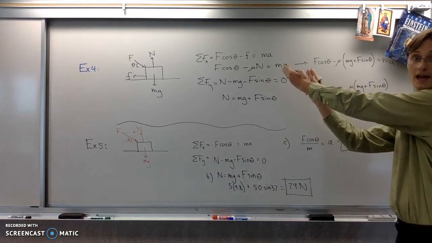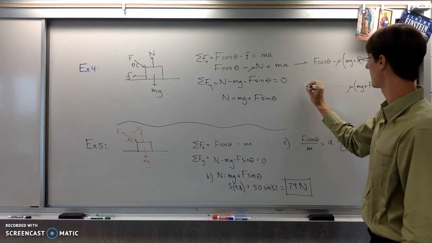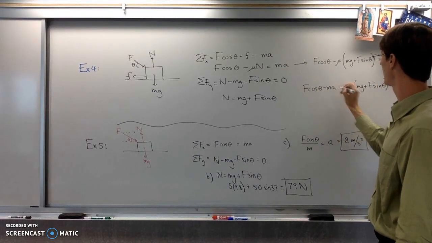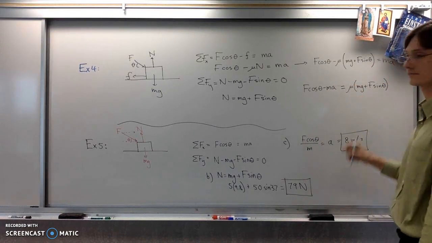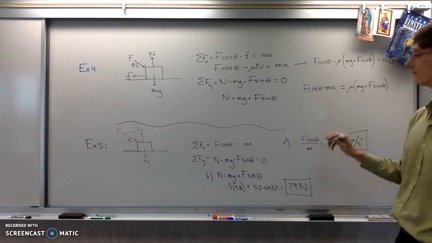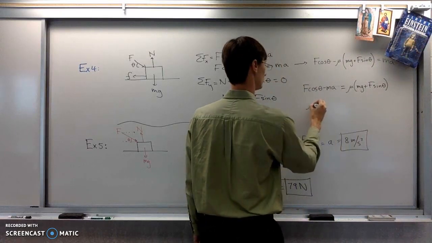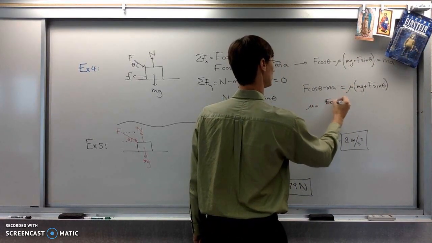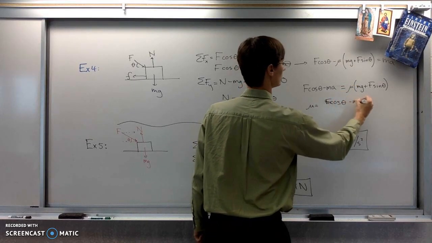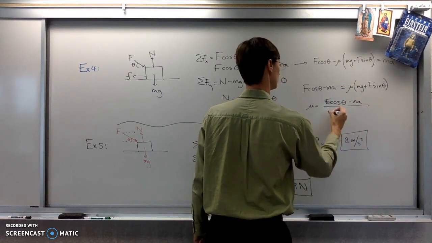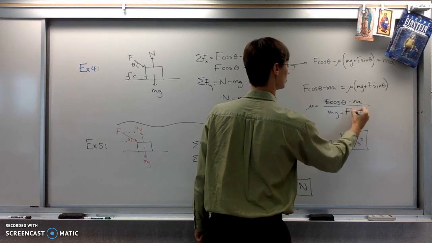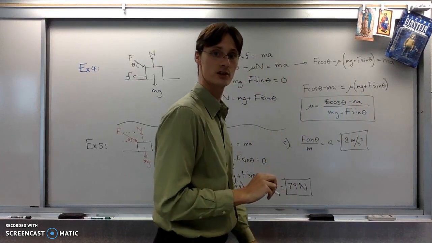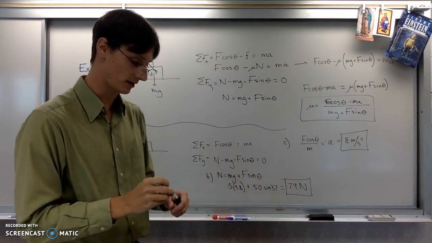I'm going to move the ma over to the other side, so now this side will have f cosine theta minus ma equals this, and then we divide. And that must be the coefficient of friction, which works out to be 0.41.